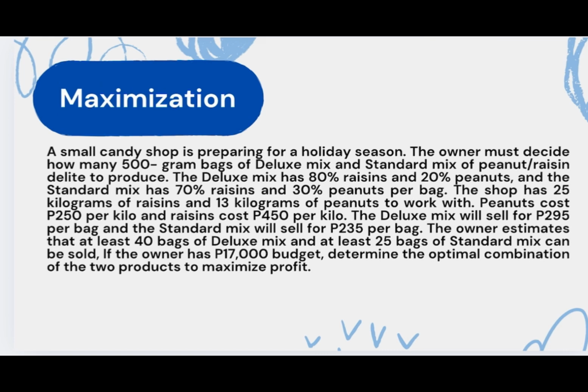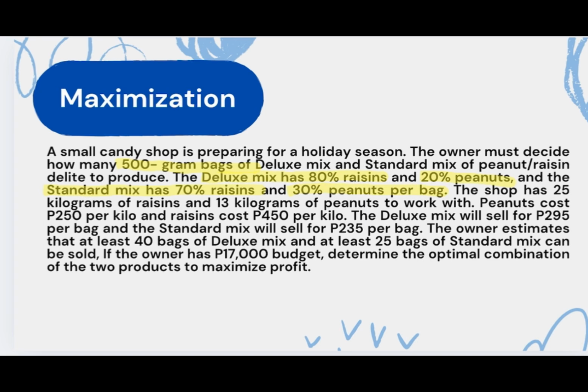It says here that a small candy shop is preparing for a holiday season. The owner must decide how many 500-gram bags of deluxe mix and standard mix of peanut or raisin delight to produce. The deluxe mix has 80% raisins and 20% peanuts, and the standard mix has 70% raisins and 30% peanuts per bag.